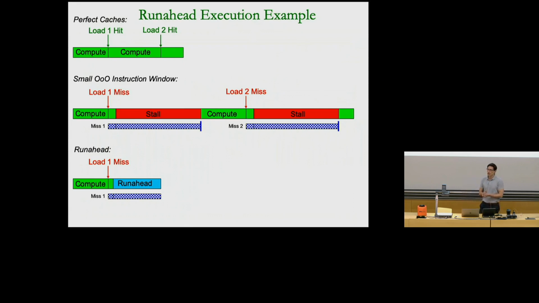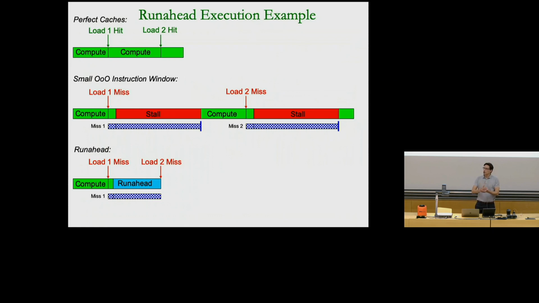Do you remember what's the architectural state? It's the value of the program counter and the contents of the register file. So if we have these two, we can recover the point of execution whenever we want. So right before starting the run-ahead mode, we save the program counter and the contents of the register file. And we enter this run-ahead mode.